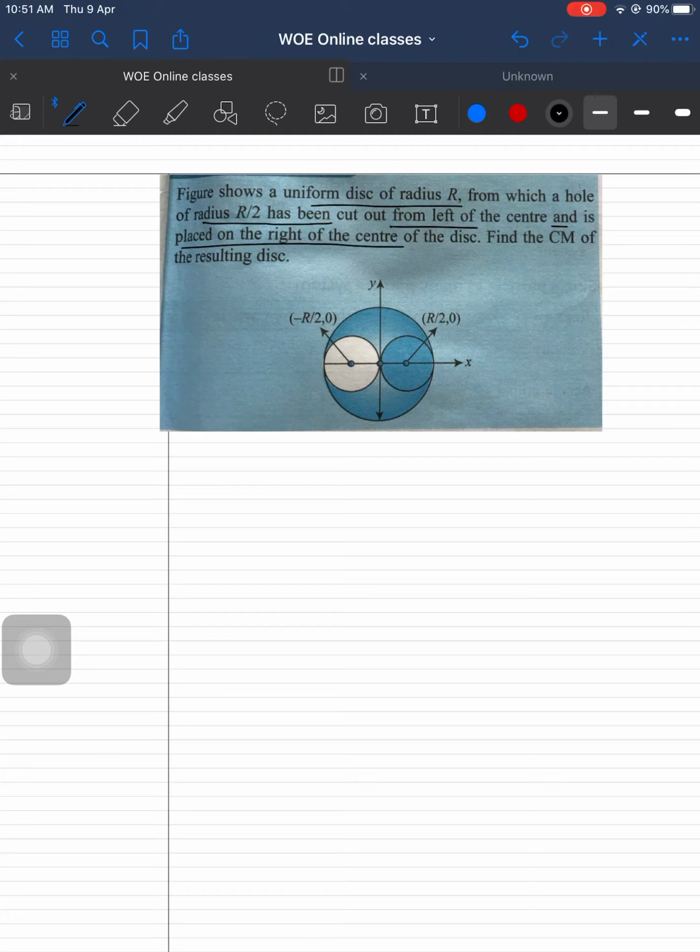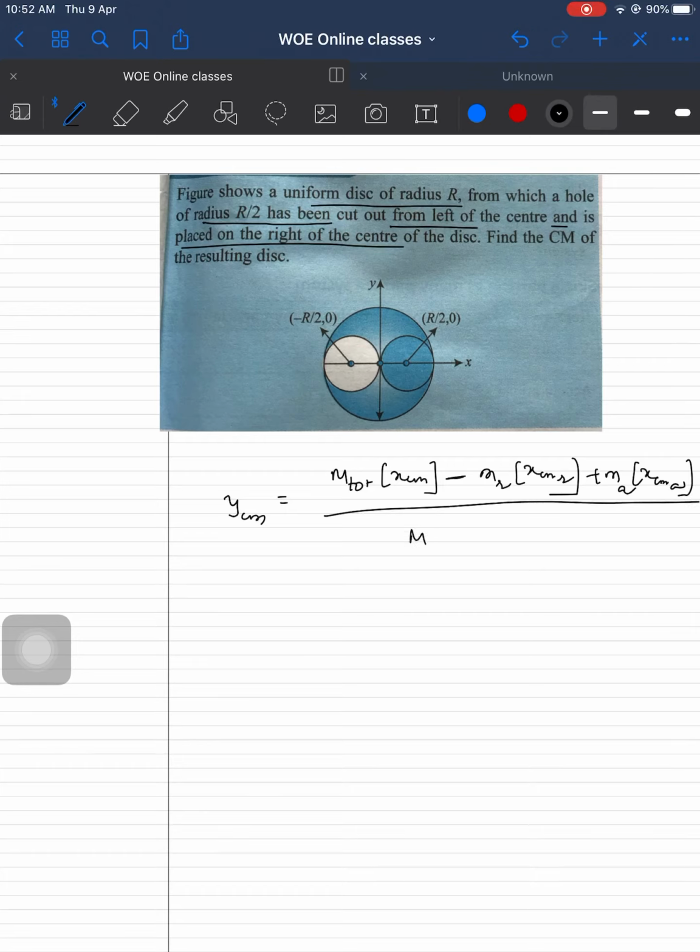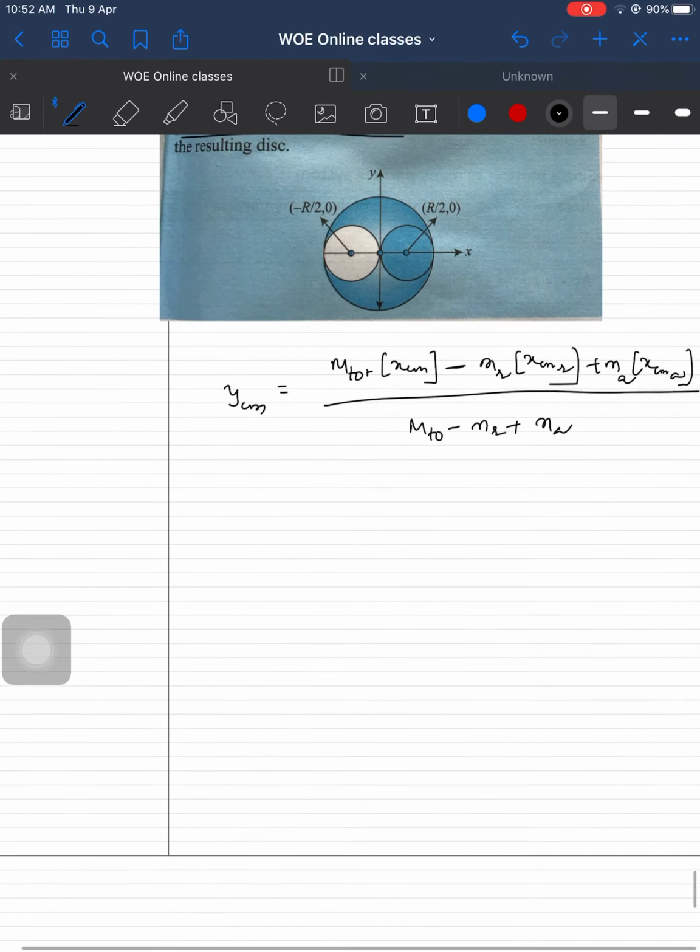So in this kind of problem, x center of mass is equal to m total into x center of mass minus mass removed into x center of mass of removed body plus mass added into x center of mass of added body, by m total minus m removed plus m added.